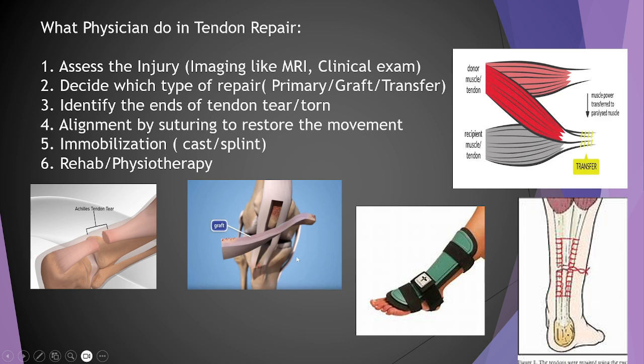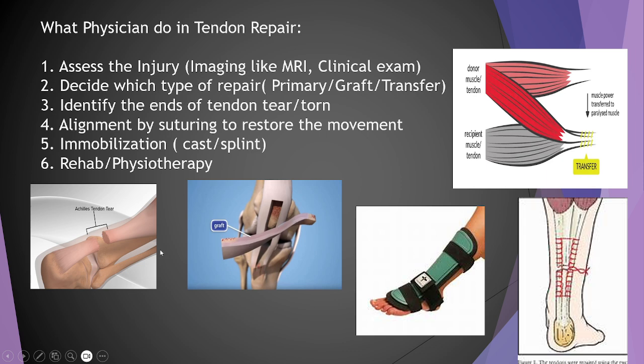Coming to the next point. Before going to tendon repair, what will the physician do? How does the tendon repair happen? Basically, the physician will assess the injury, for example with an MRI or clinical examination. He will decide which type of repair will be done: tendon graft, tendon transfer, or primary tendon repair.